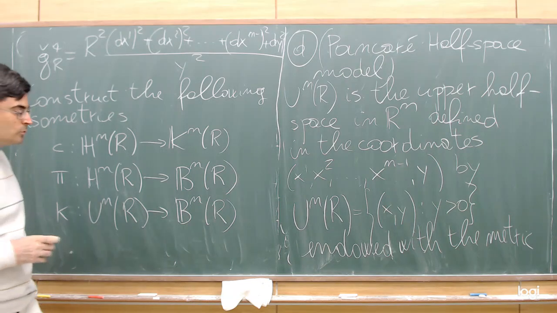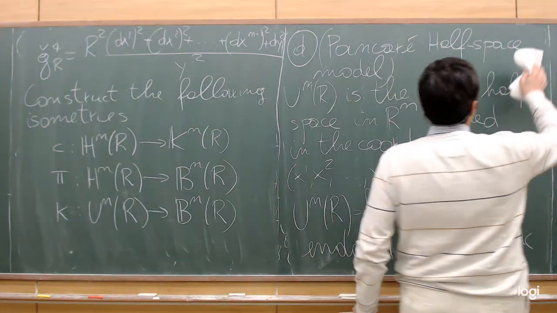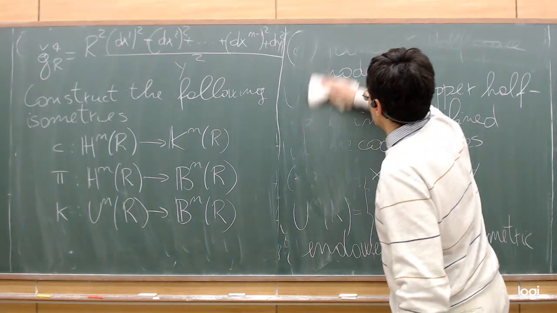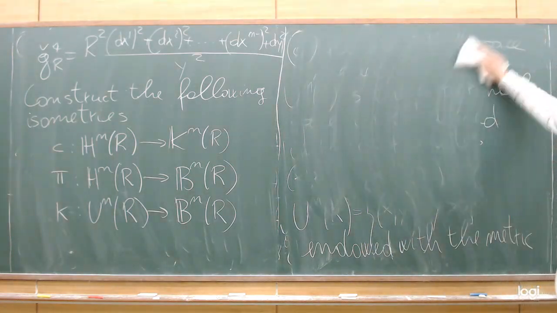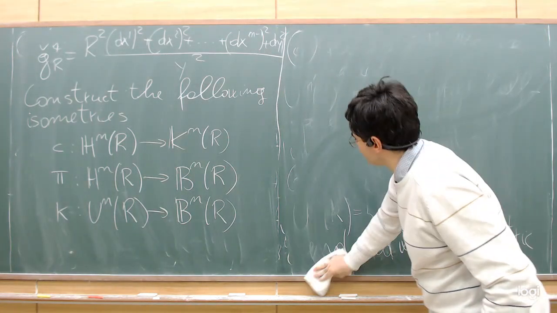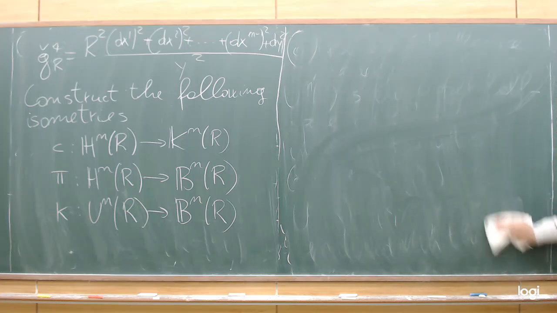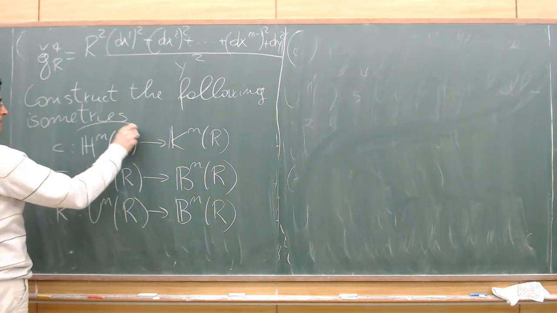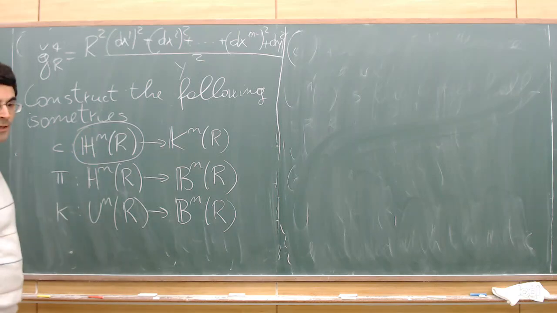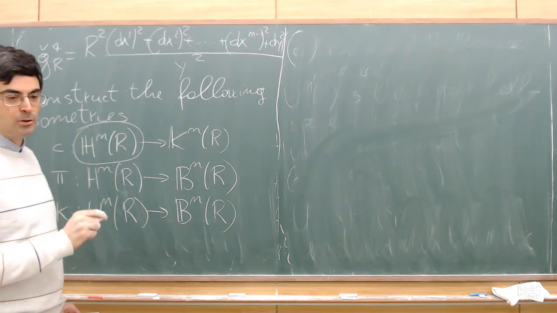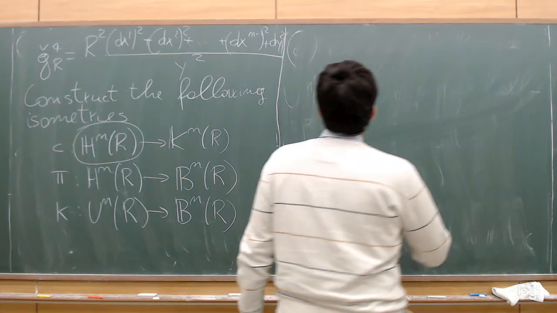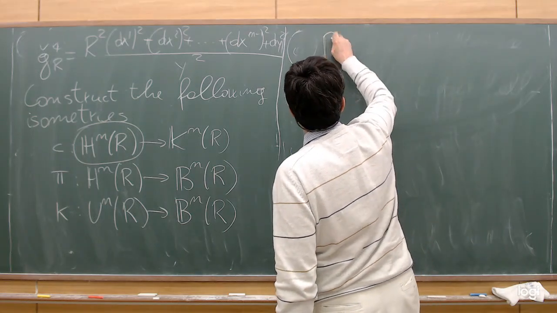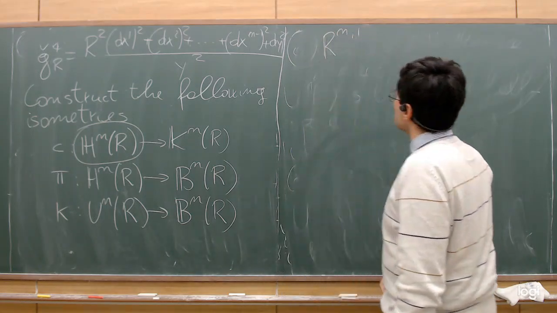Some of you could make the following remark. We define this guy to be the upper sheet of a hyperboloid of R^(n,1).